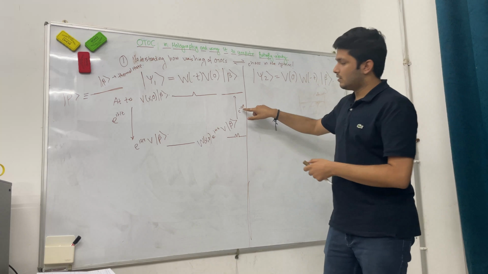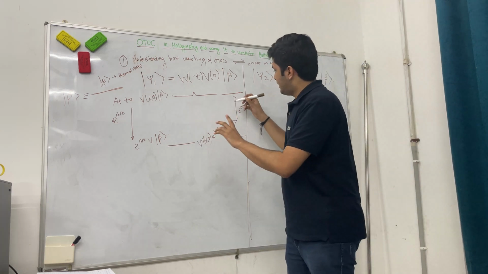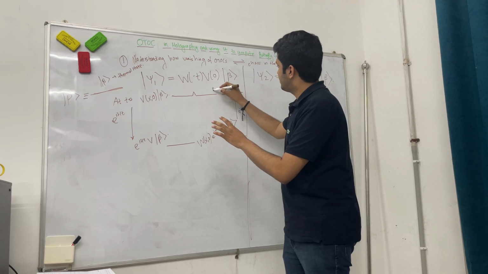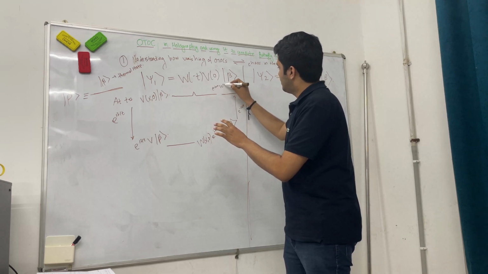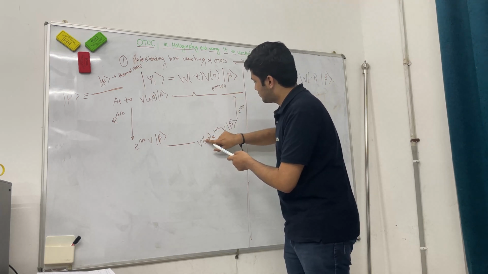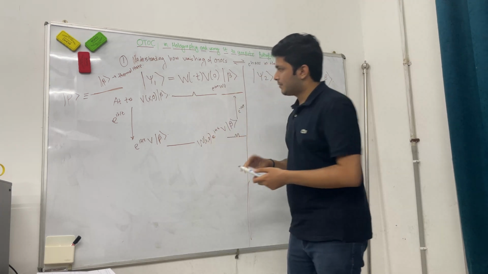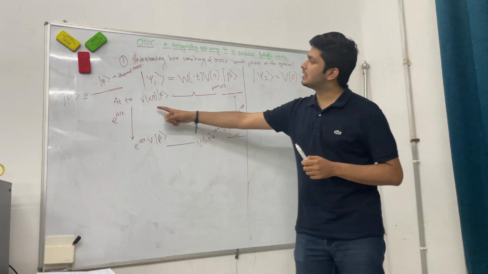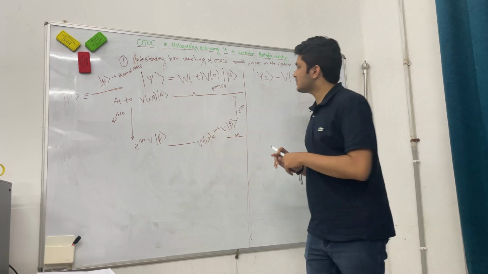So when I forward evolve, there will be a minus iota. The final thing that I get, this state will be described by e to the power minus iHt, omega. This should have been 0. I'm keeping it consistent: whenever I use this W operator, I'm going to act it at the origin and x.